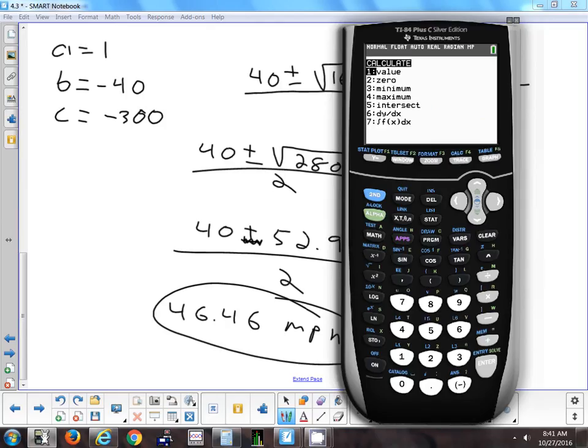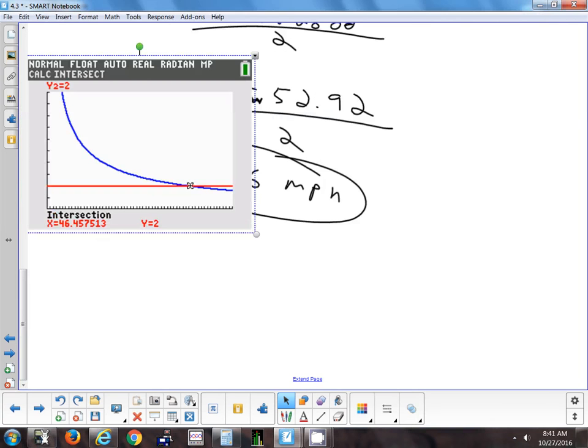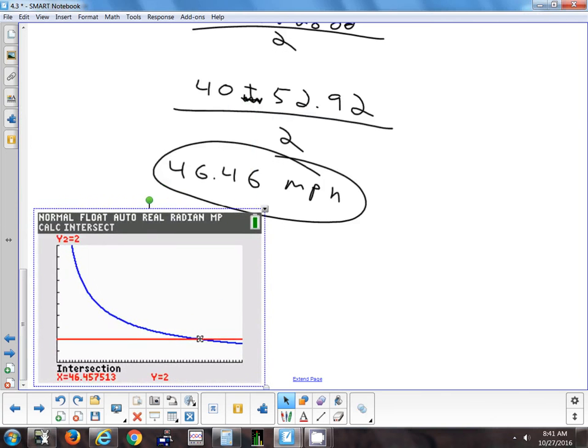Calculate an intersect. I did something wrong. So second calc, intersect, pick a point on the blue, red, guess, and we get an intersection point at 46.46. Okay, so that's how you do it graphically.